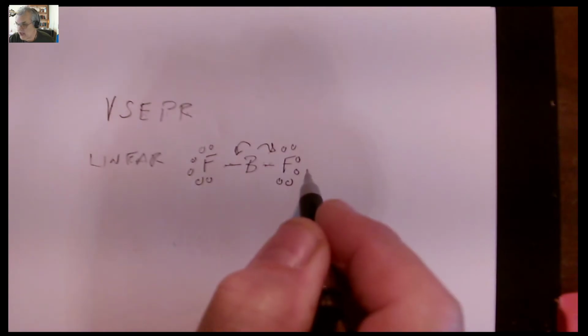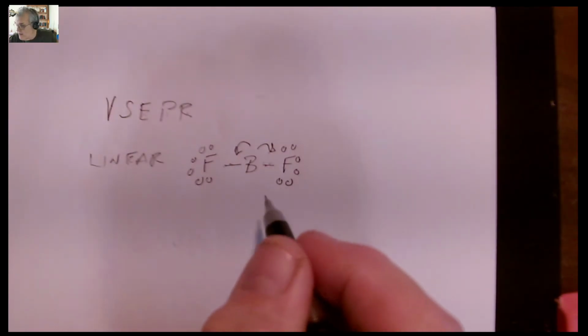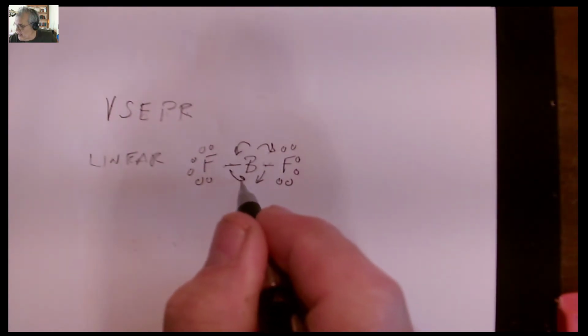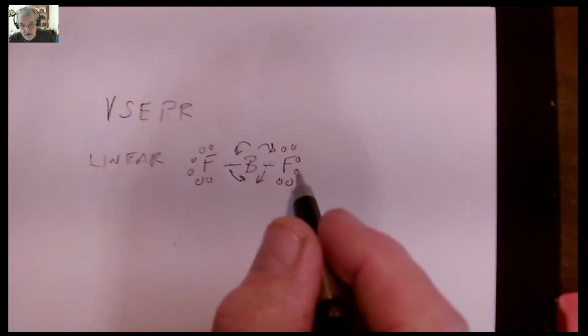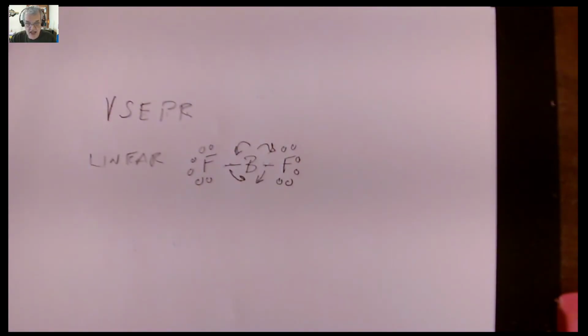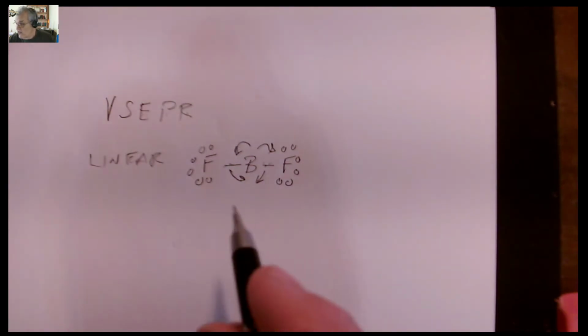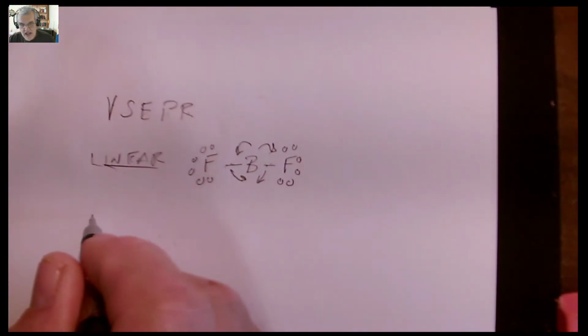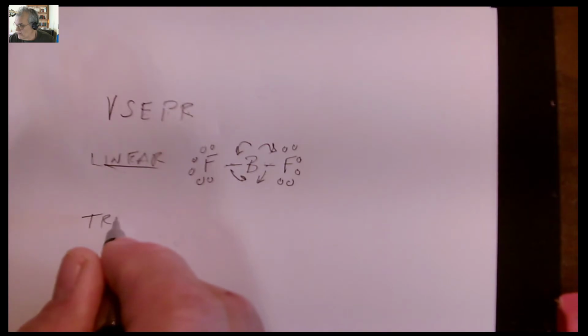So to do that, they spread out and form a linear shape. That puts them as far away from each other as they can be, because linear is going to be the farthest they can be on that atom. And that's called linear.